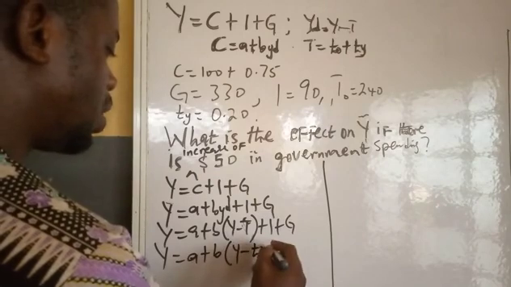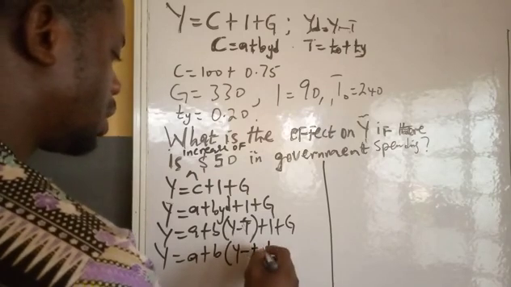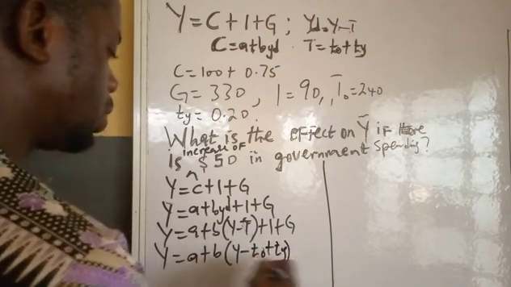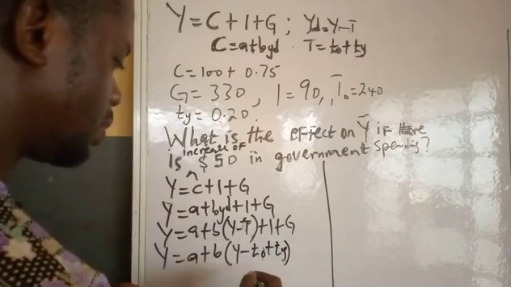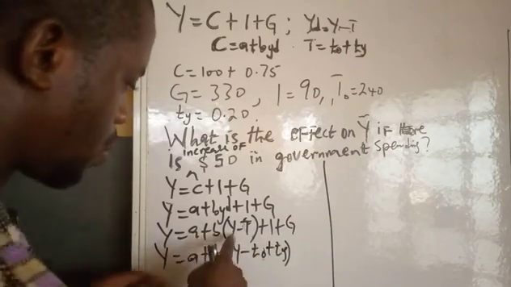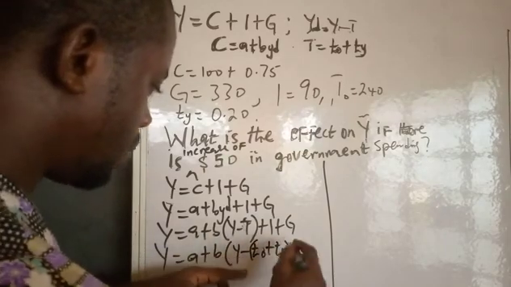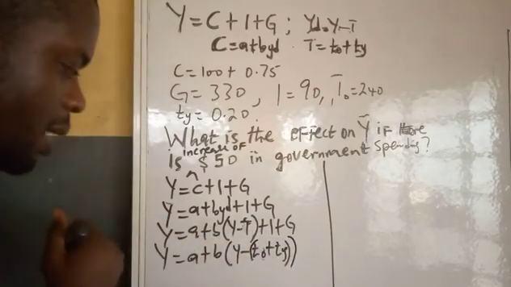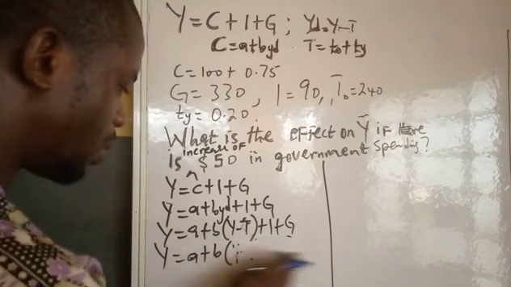So we write it as t naught plus ty. We close the bracket, then we close the big bracket. Let me take it again so that you understand what I'm saying.